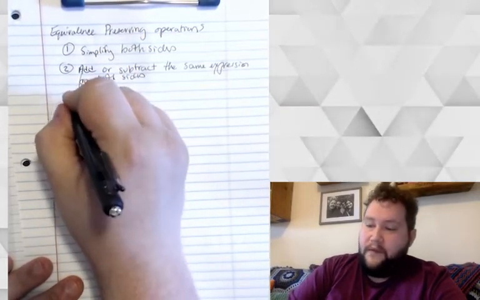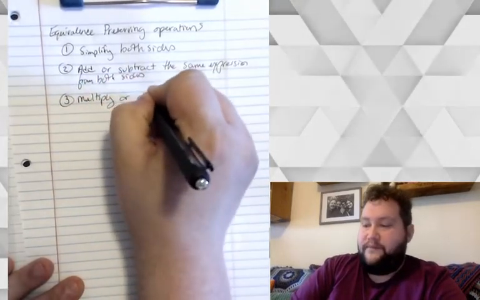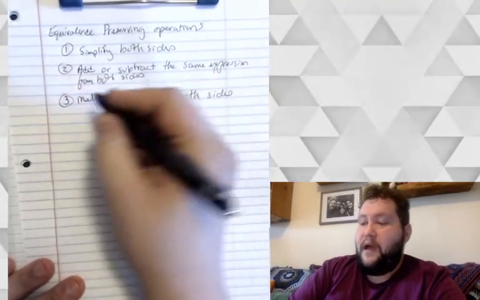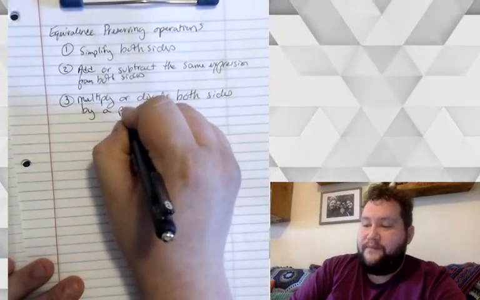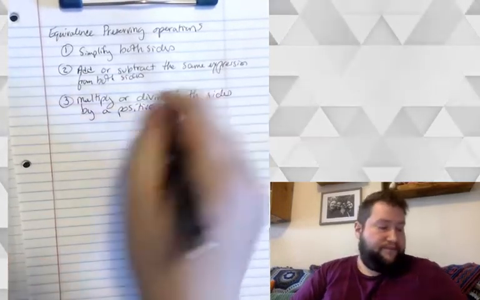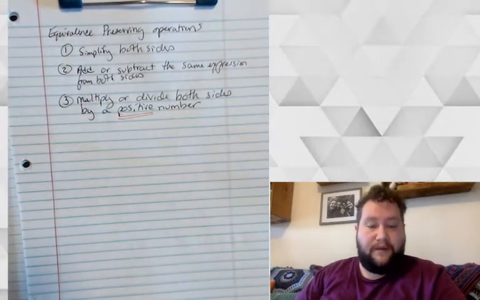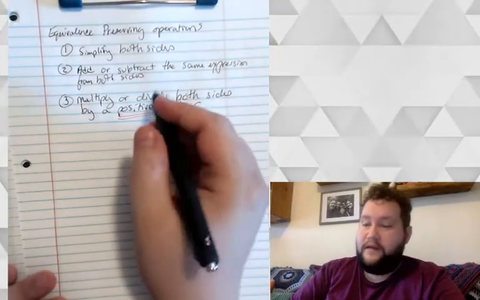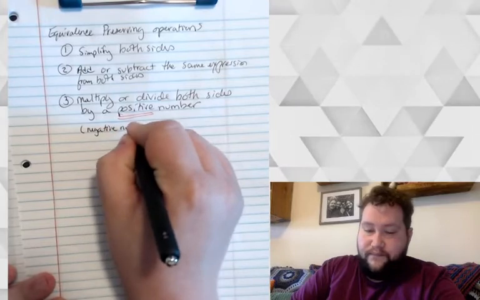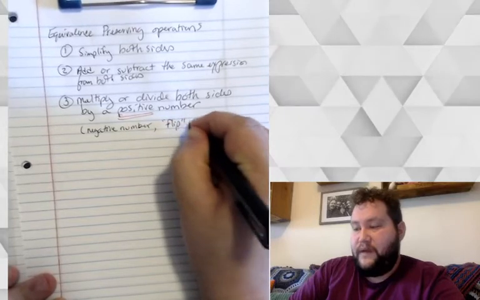Or we can multiply or divide both sides by a positive number. And I'm going to emphasize that it has to be a positive number. I will explain why in a little bit, but if it's a negative number, we have to, quote, flip the inequality.